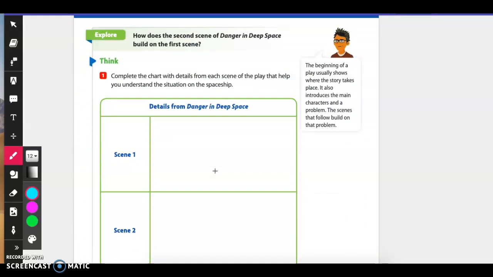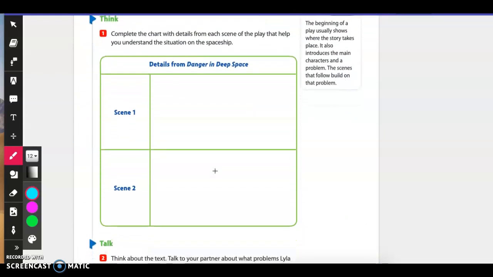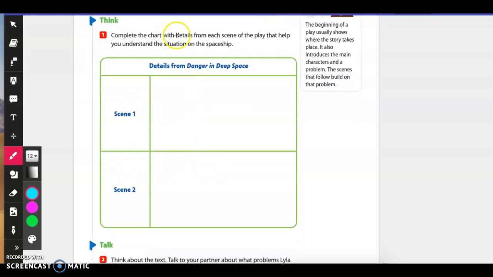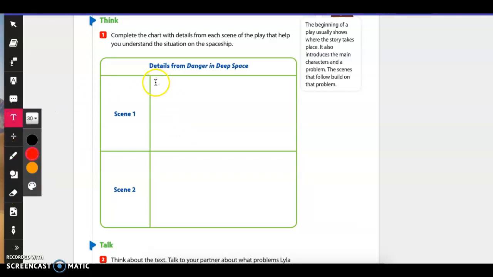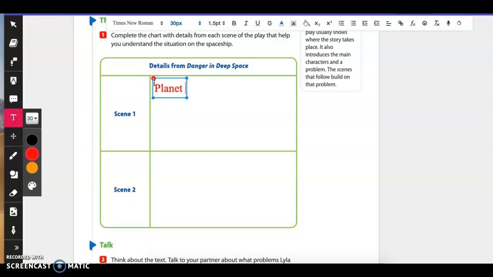Now let's go down to the next activity, the think portion. We see we have a chart and it says to complete the chart with details from the scene of the play that help you understand the situation of the spaceship. So what happens in Scene 1 that is the most important thing? That's right. They are on planet Juno.